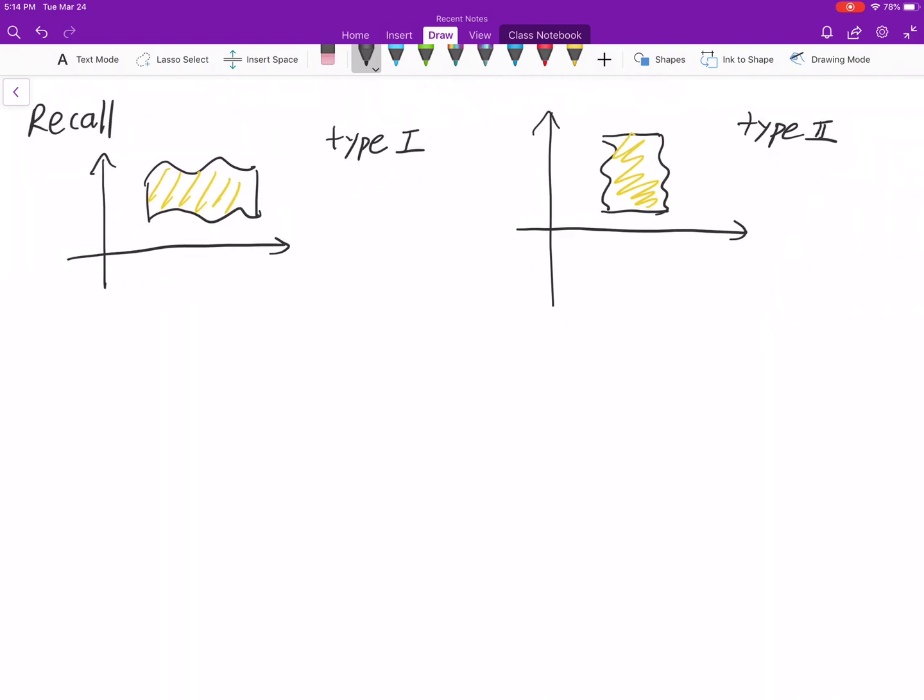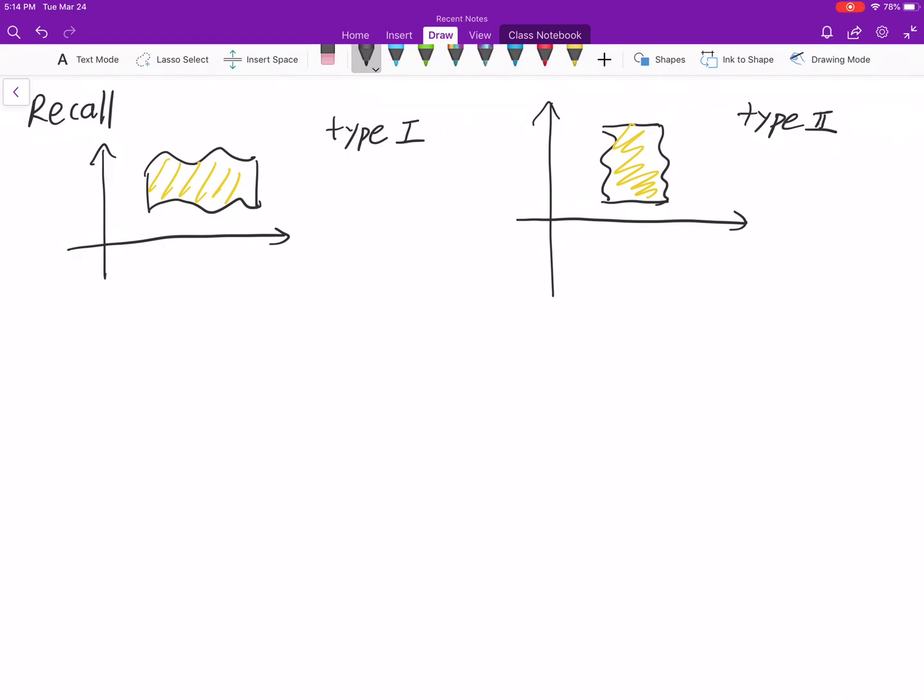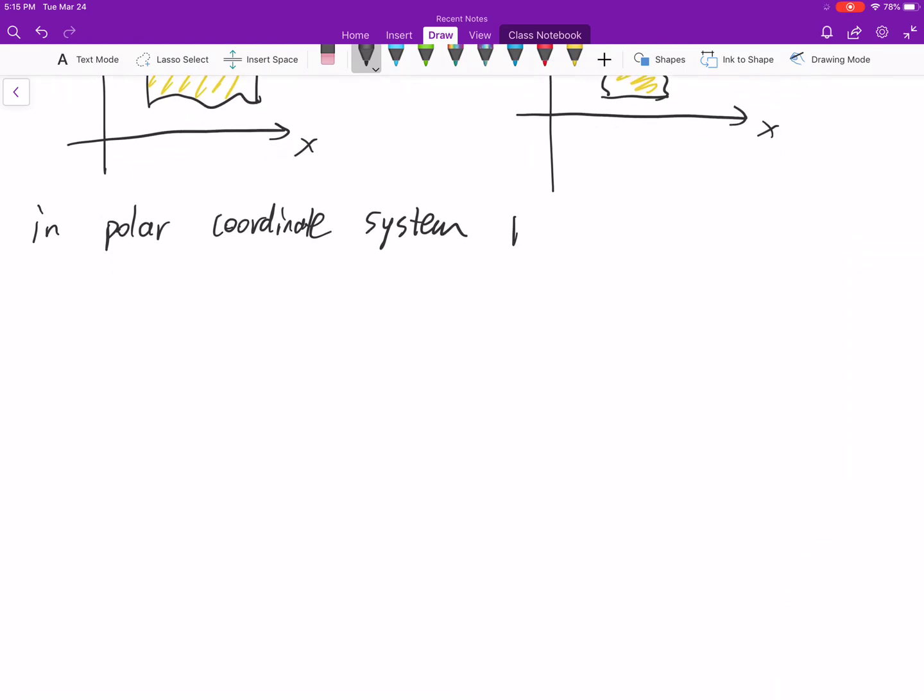Then for the polar one, what does that mean? That means in the polar coordinate system, D star looks like type 1 or type 2.